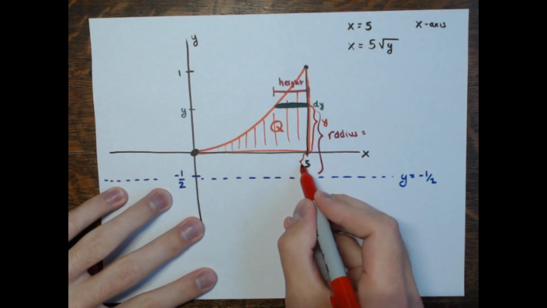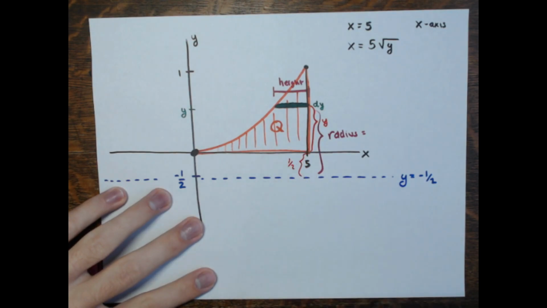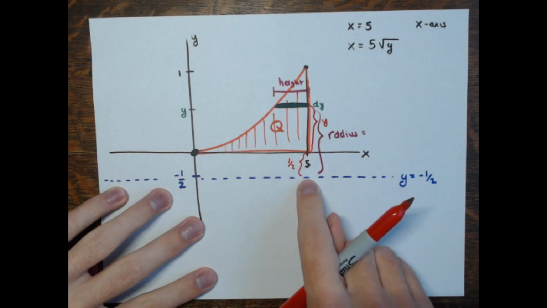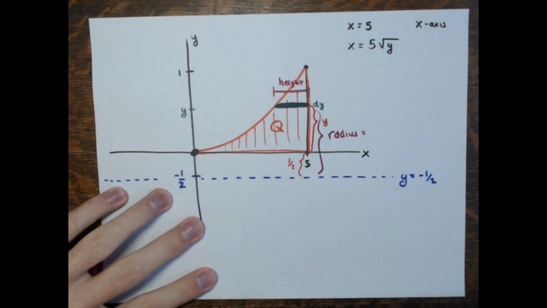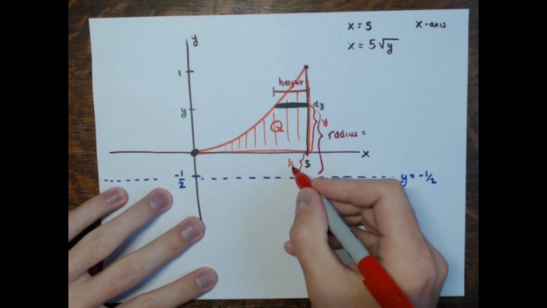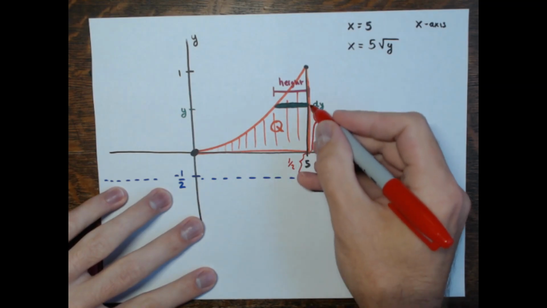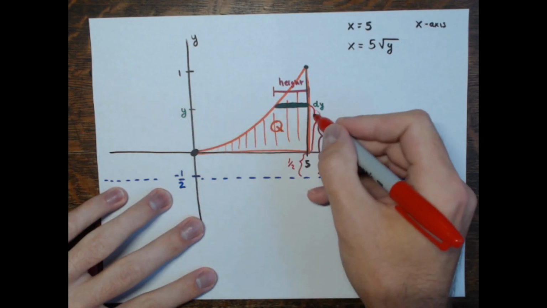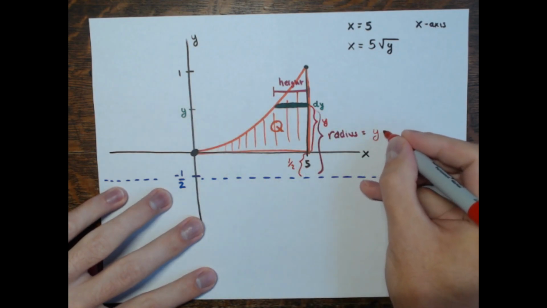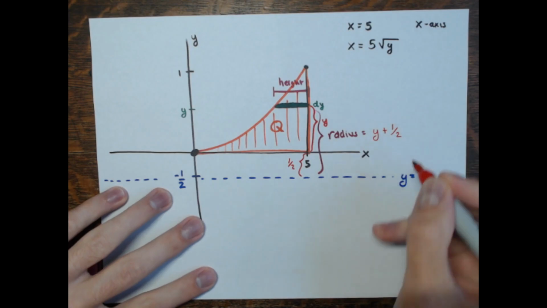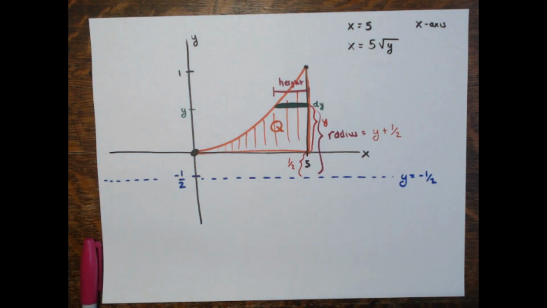And then we have to add to that half a unit, because this line here is half a unit further from the x-axis. So the radius, when all is said and done, the distance from this line to that rectangle, is y, whatever y I chose, plus a half. So not just y.